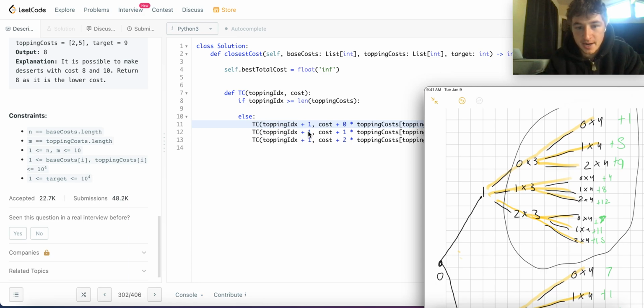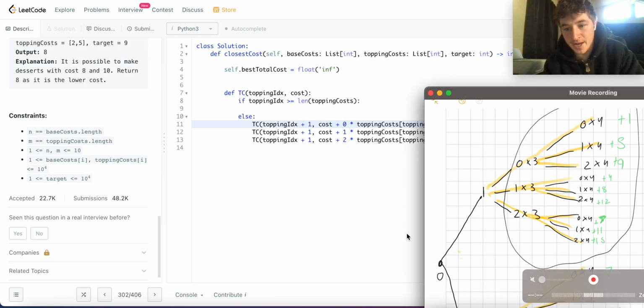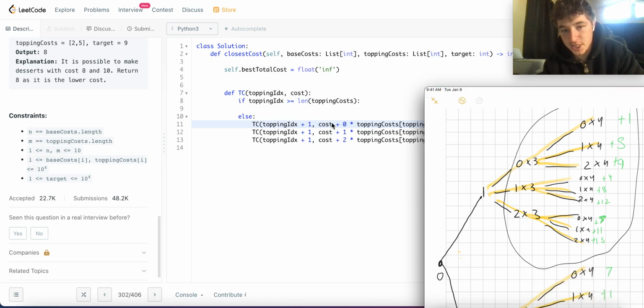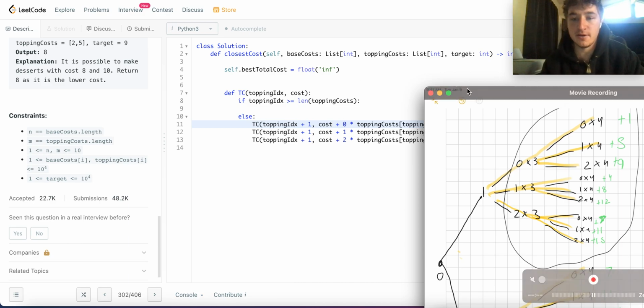This branch that I'm going to recurse out on is this topping. And this branch is this final topping, right? And then I'm going to add in the cost that I've incurred so far. So when I sum through, I'm just keeping track of the cost that I've done so far so I can get the total cost when I get to the end.